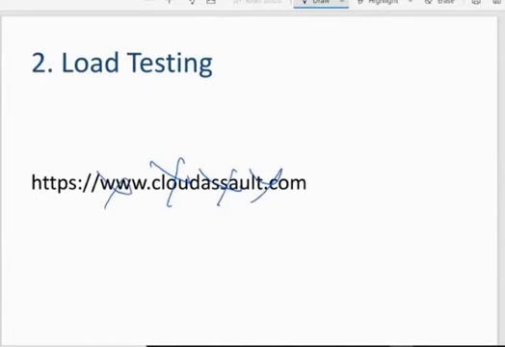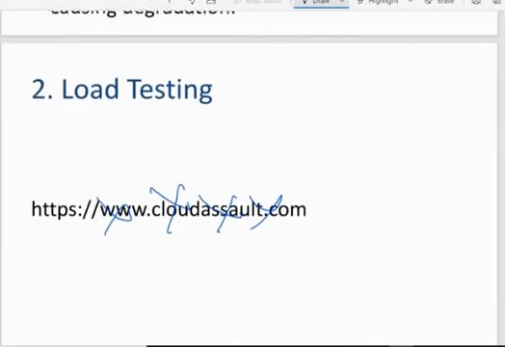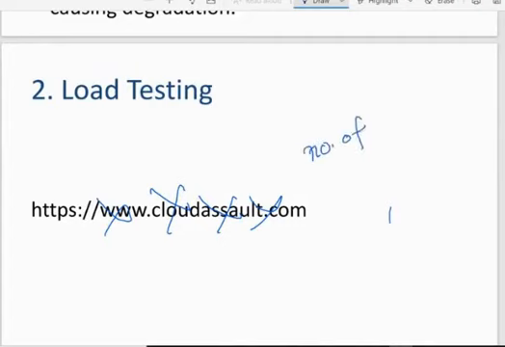See, load testing is basically, at a particular moment of time, the number of simultaneous users my system can handle.